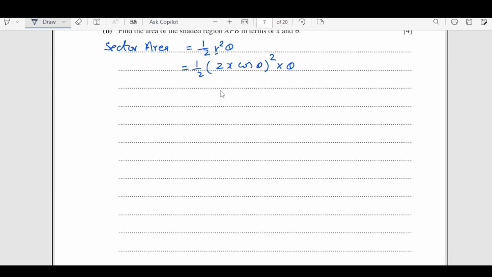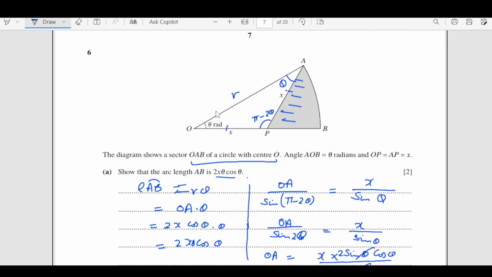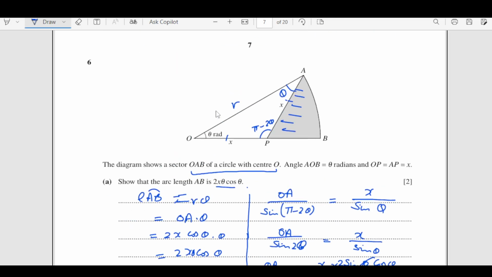Now, half times 4x squared cos squared theta into theta, right. So, this is going to become 2x squared cos squared theta into theta. So, this is the sector area, and now we are looking for the area of the triangle AOP, this one. Then we will subtract it.